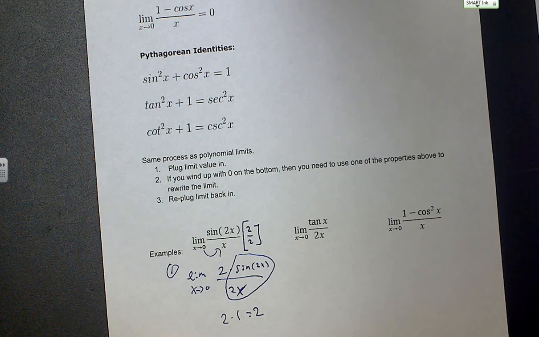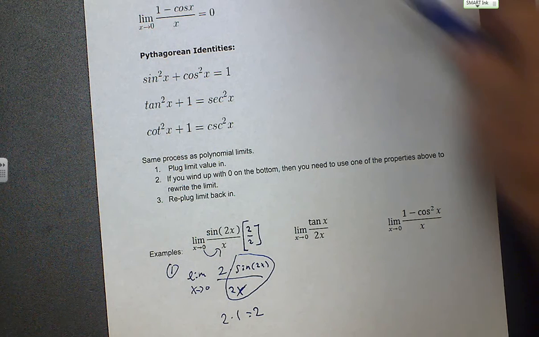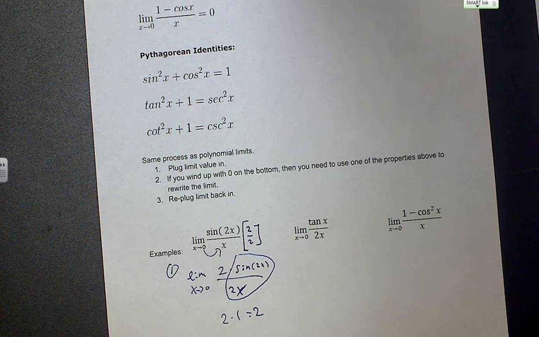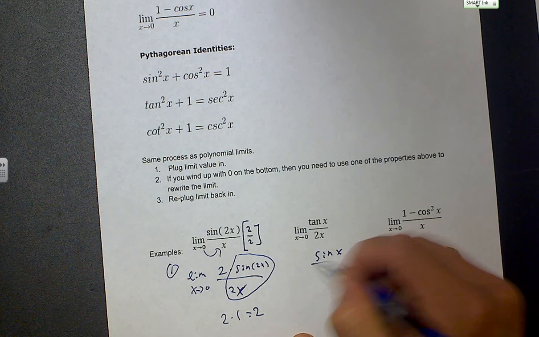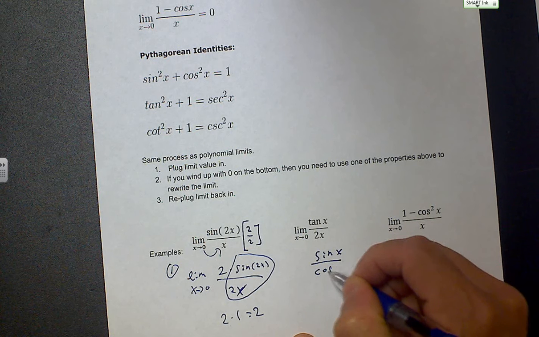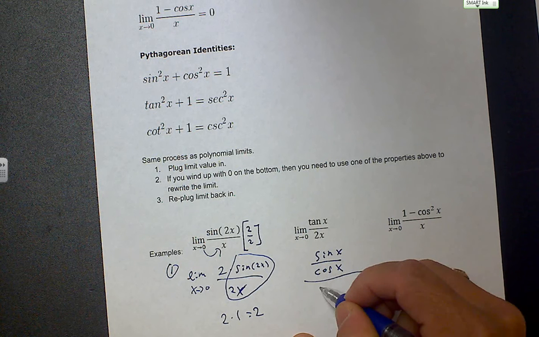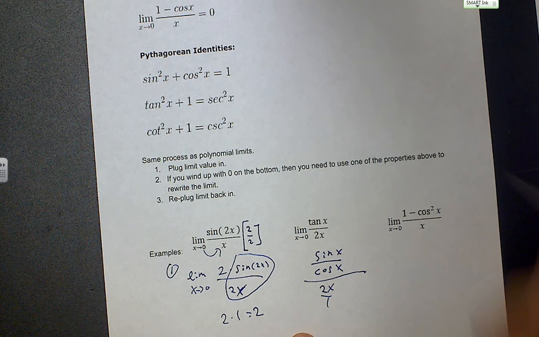Go to the second example over here. Tangent of x. I have no special tangent functions, but if I rewrite this as sine of x over cosine of x over 2x over 1, to divide by a fraction is to multiply by the reciprocal.